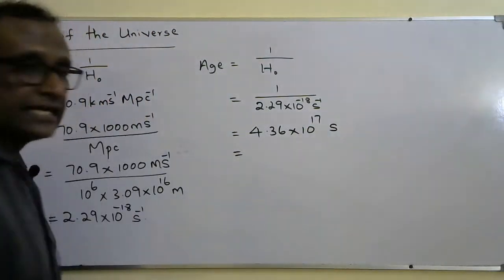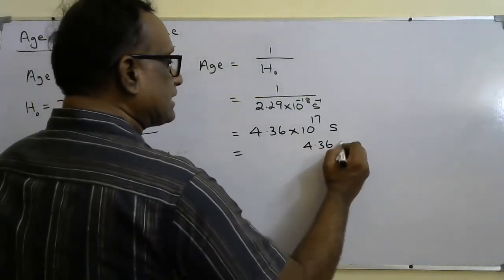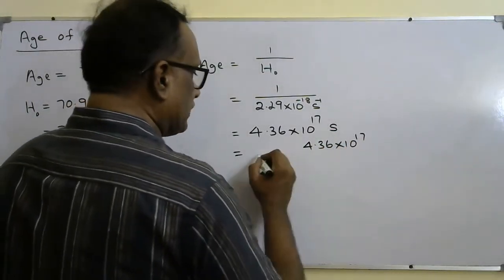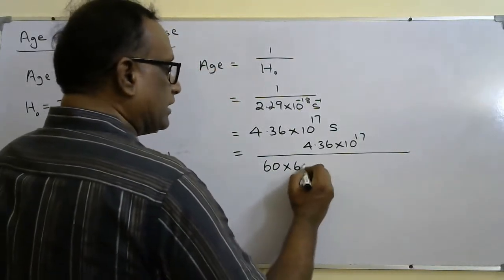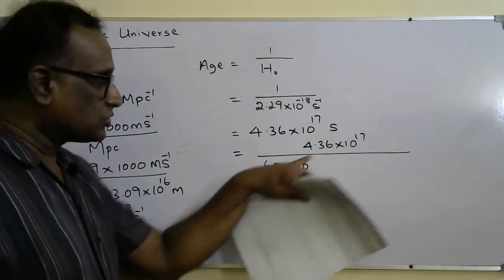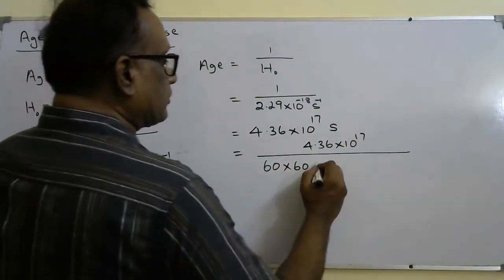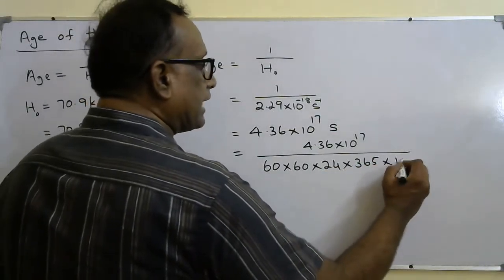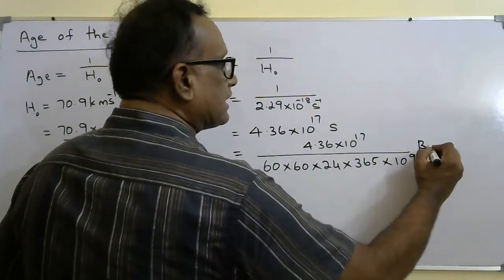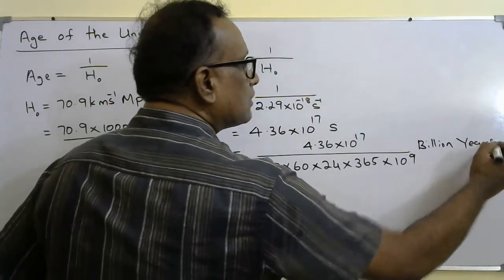Convert to billions of years. So to convert this 4.36 times 10 to the power 17 to minutes, divide by 60. To convert to hours, divide by another 60. So seconds to minutes, hours, hours to days, days to years, then billion, 10 to the power 9, billion years. Solve it.